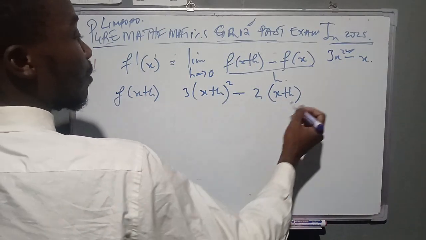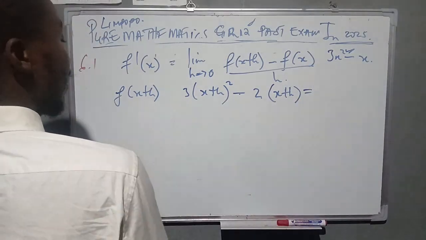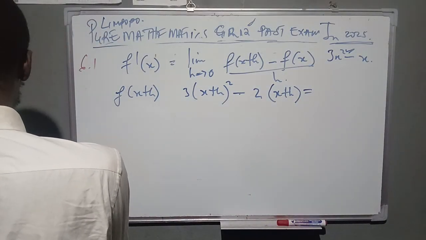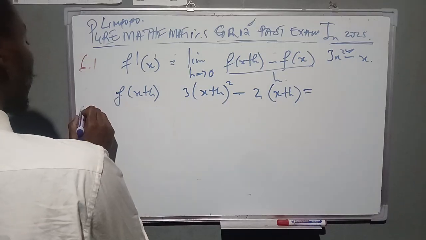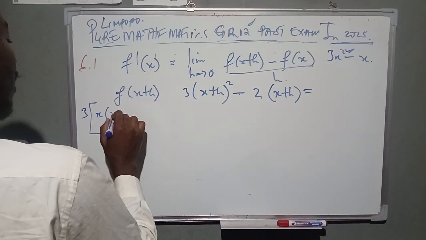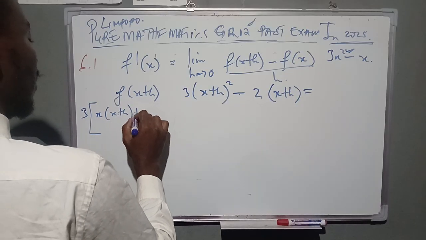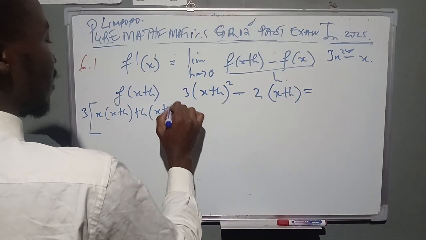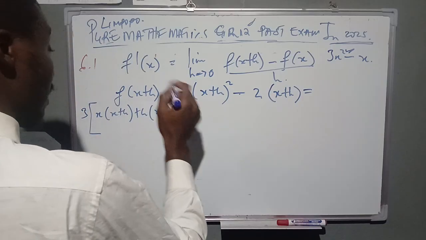Then we say, so this is equal to, first by expanding that bracket. So how do we expand that bracket? So we can now say 3, then x plus h, then plus h times x plus h, like that.